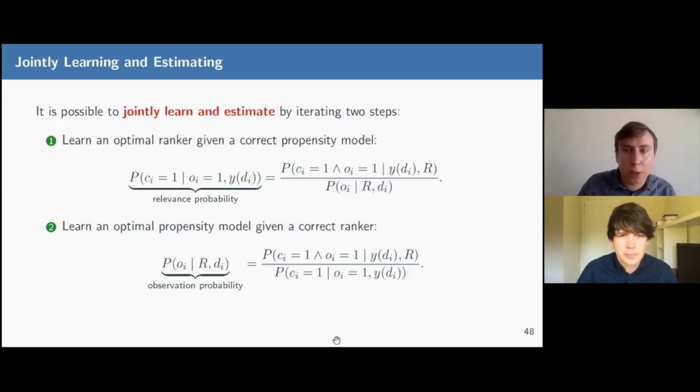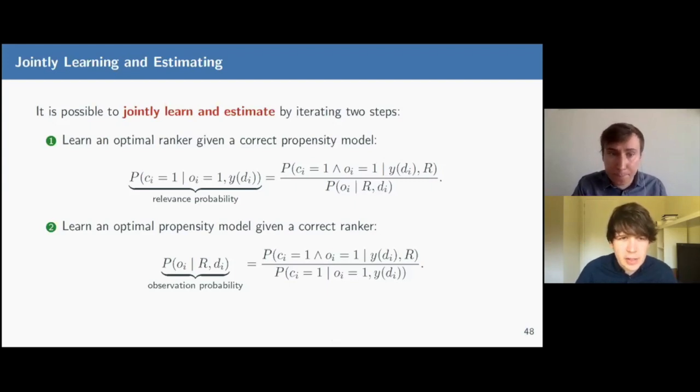And typically this is done by alternating between these two steps. So first try to learn an optimal ranker given some propensity model, hopefully a good enough model, and then improve that propensity model given that you have now learned an improved ranker, and iteratively improve both models to eventually converge to something that is hopefully good.